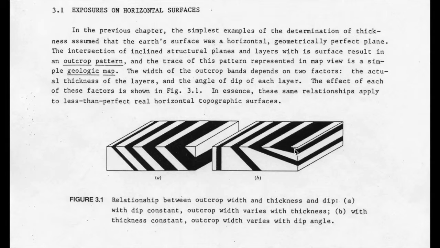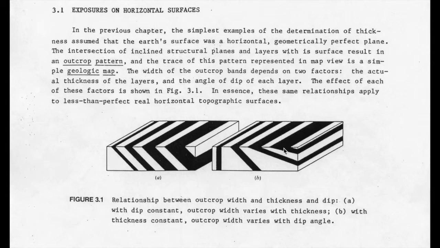And if it's tilted so it has a very low dip, it intersects the surface and it makes a very wide area on the map. And so it's important when we're looking at the map to know which of these situations we're dealing with. And in a moment, I'll show an example from the New York State map where we're looking at this situation here.